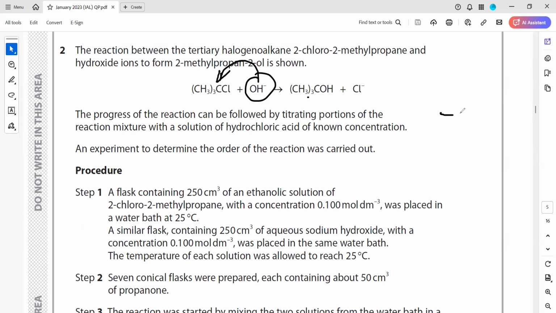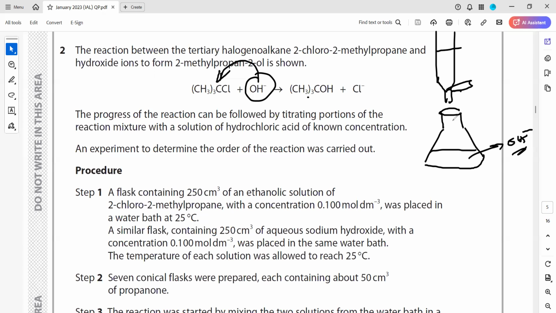So if we don't do the titration immediately, we allow this substance to be there in the conical flask. Because this solution also contains halogenoalkane, this halogenoalkane will react with the OH. So the amount of OH will decrease.